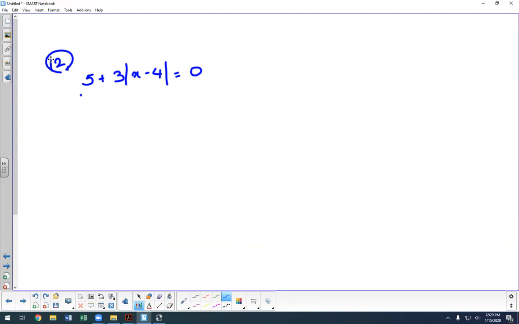So when you move it, it becomes negative. So that's where that negative sign is coming from. Do we have to make it a common denominator? When we drop down x minus 4 to make it equal negative 5/3? No, you don't need to do that.